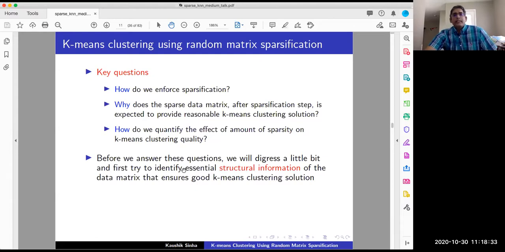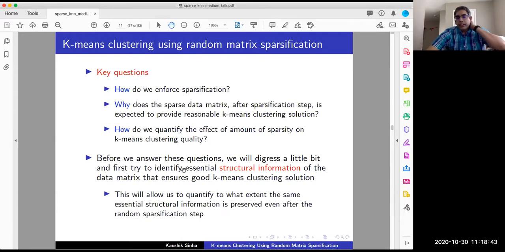Before we answer these questions, we'll digress a little and first identify some essential structural information of the data matrix that ensures a good k-means clustering solution. The reason for this roundabout route is that it will allow us to quantify to what extent the same essential structural information that guarantees a good clustering solution is preserved even after sparsification.